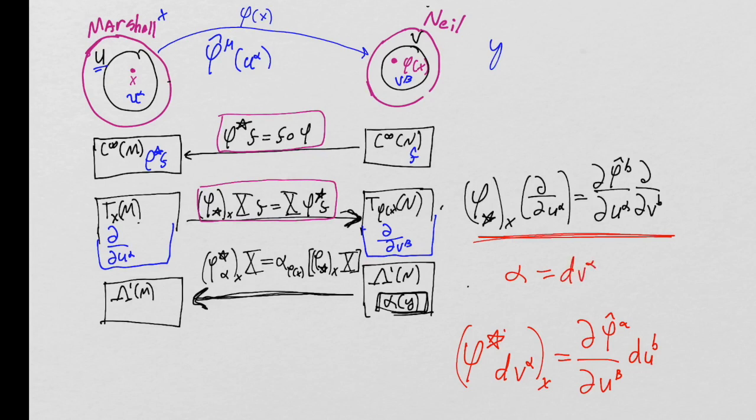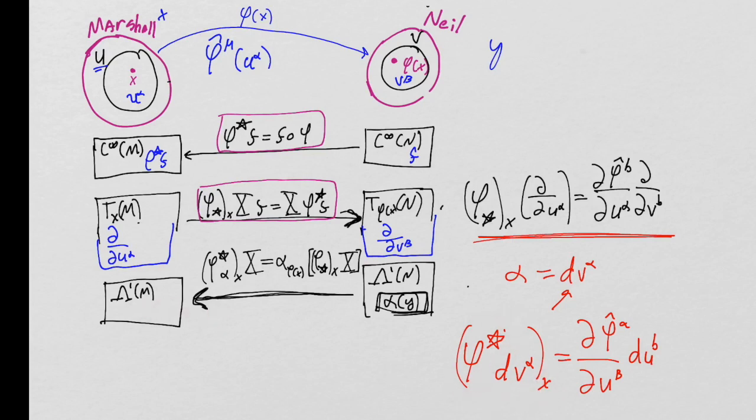So I pick one particular basis vector, the alpha basis vector, and that's just going to be my form field. And I'm interested in how that pulls back, right? I'm interested in the pullback of the basis form field like this. And that's what this is. This is the pullback of the basis form field, but evaluated at x in principle.